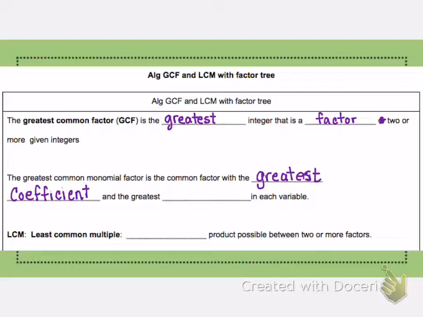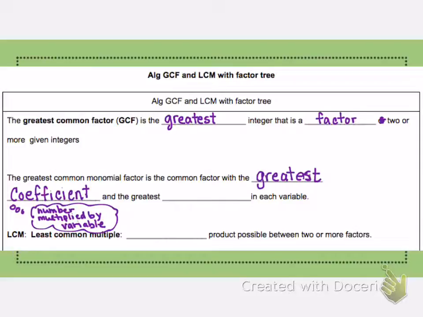Before we go any further, let's make sure we're thinking about what that is. That is a number being multiplied by a variable. So hopefully you're familiar with that term, but just as a reminder.